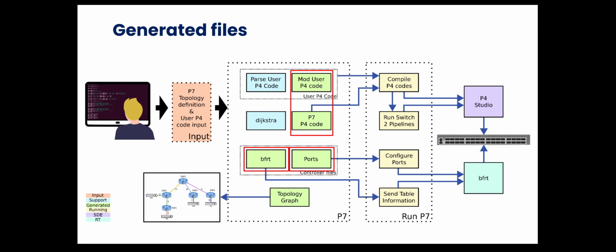This is important to map the connected ports to physical servers and to define the port shaping of the ports if the user has set it in the main script file. And these files are needed to be able to run P7 inside the Tofino switch.